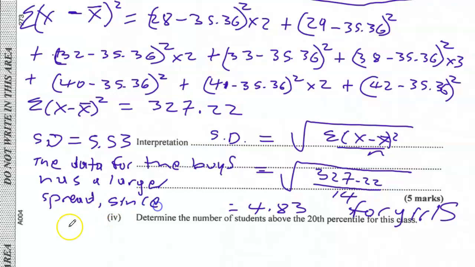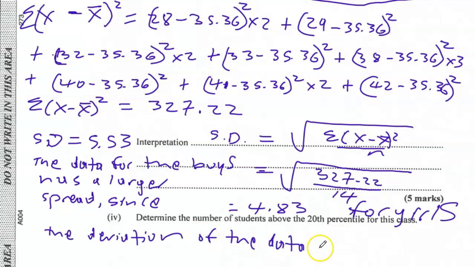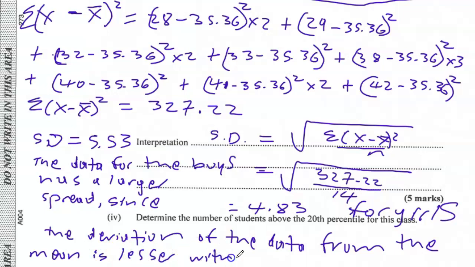Since the deviation, and that's what standard deviation is, the extent to which the data deviates from the mean, since the deviation of the data from the mean is lesser for the girls. All right. So that's what that is saying.